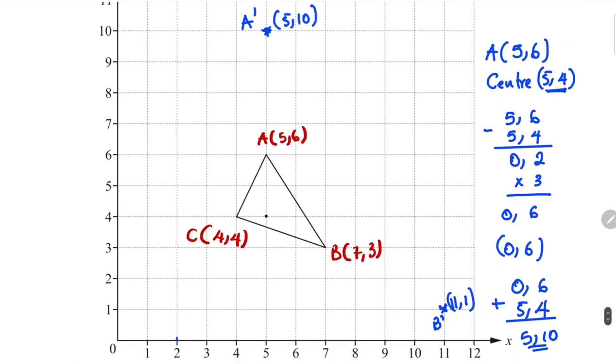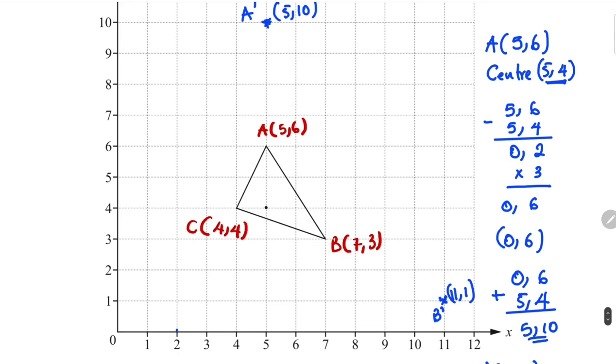You can do C prime on your own, and if you do, you end up having C prime to be 2, 4. Once you have these points, you draw them and connect them to form what you want.